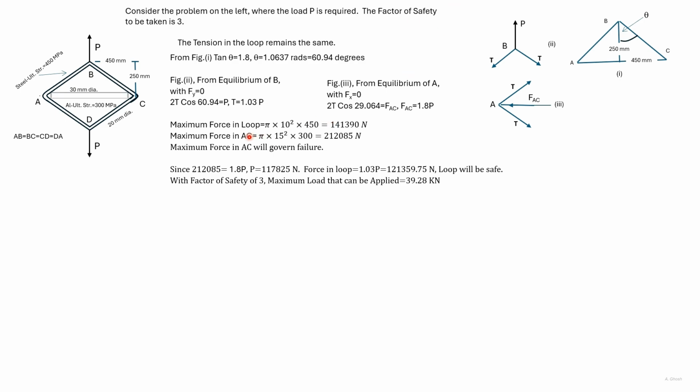If instead we took the maximum force in the loop, then we'll find that the force in AC will be greater than this value and AC will fail. So P based on this value is the maximum P that can be used. Dividing by the factor of safety, we find that the maximum load is 39.28 kilonewton.